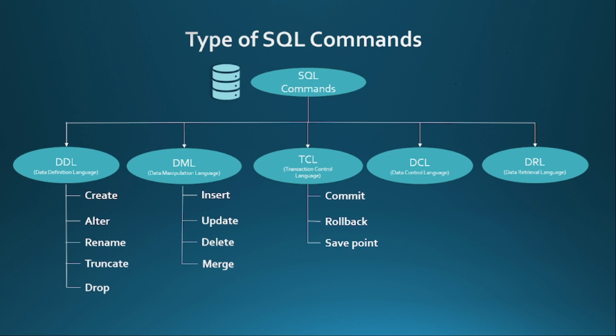So we have to do the commit, then only the data will be stored in the database table permanently. By default in pgAdmin, the auto commit operation is on. So even if we try to insert the data, automatically that will get committed. We can see more details on commit, rollback, and save point practically.